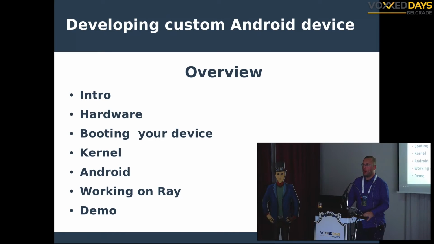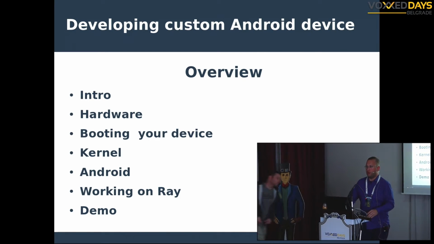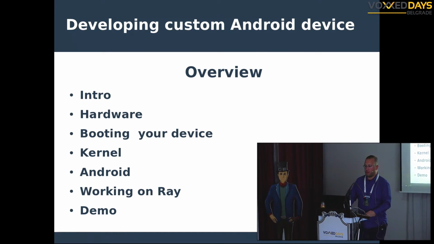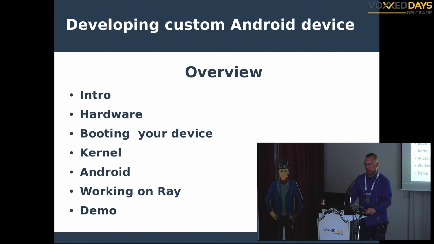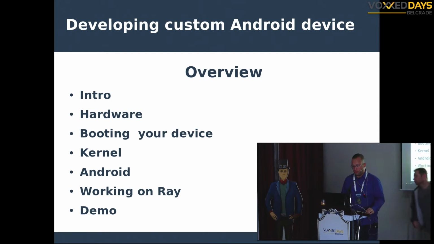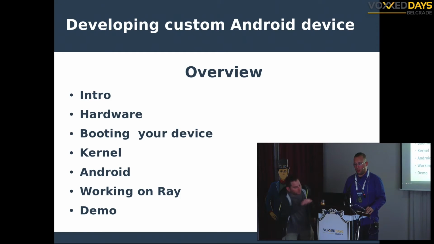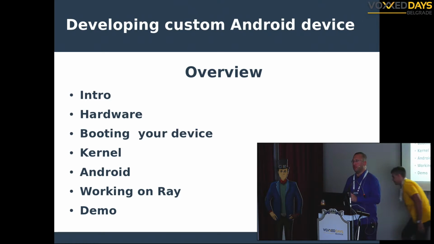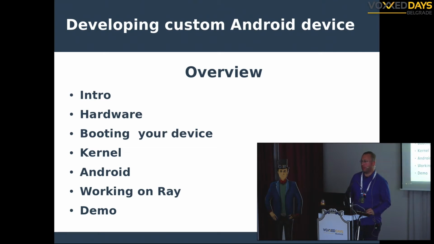I will speak about hardware, what you need to make your own device, how you would approach it, what the best way is, what the worst ways to go are, and what difficulties you can find going that way. Then I'll cover a little bit about the bootloader, the kernel, and Android, which is basically the architecture of the device and what you need to prepare.